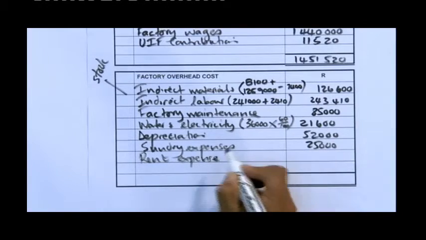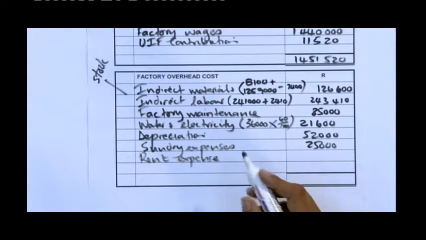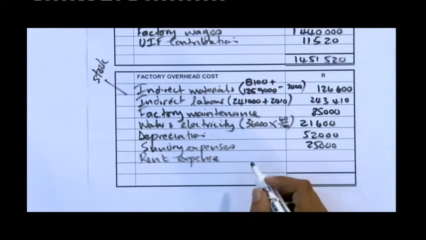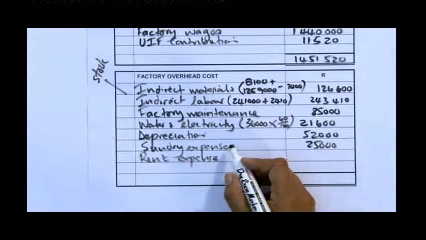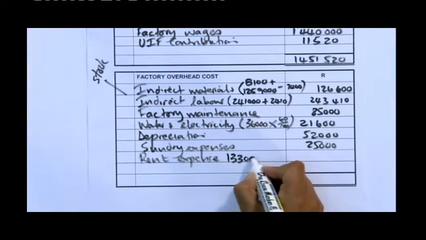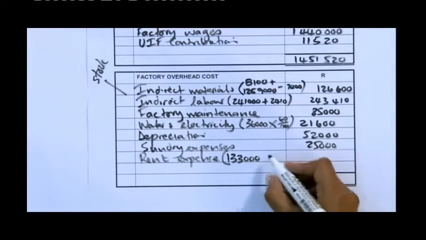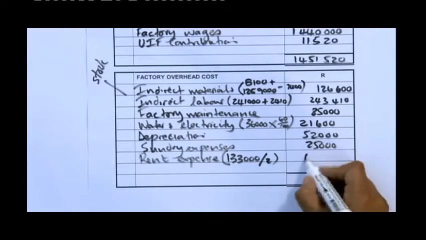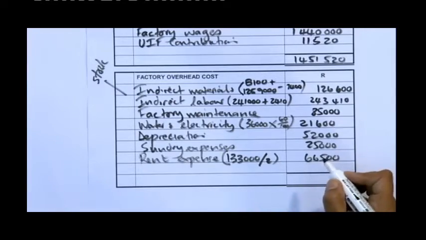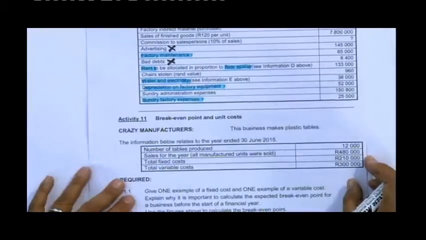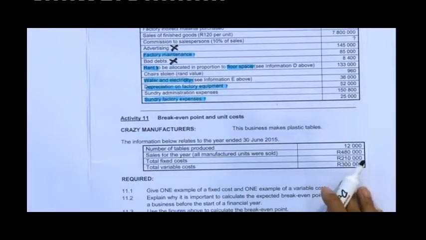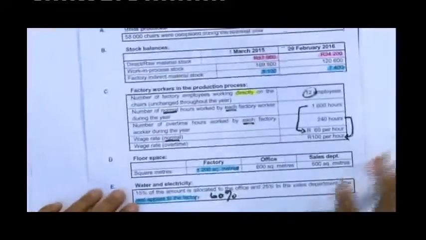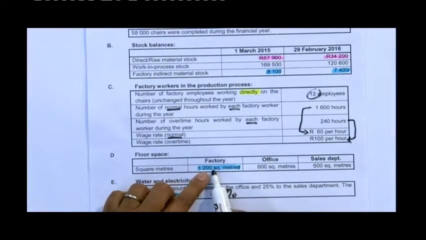Rent expense. Remember, that was according to the floor space. So that was 133,000. And it's exactly half of the total floor space. So I'm going to divide that by 2 and I'll show you where I get the amount from. If you look at this one here, square meters, 1,200 for the factory, 600 for the office, 600 for the sales department.